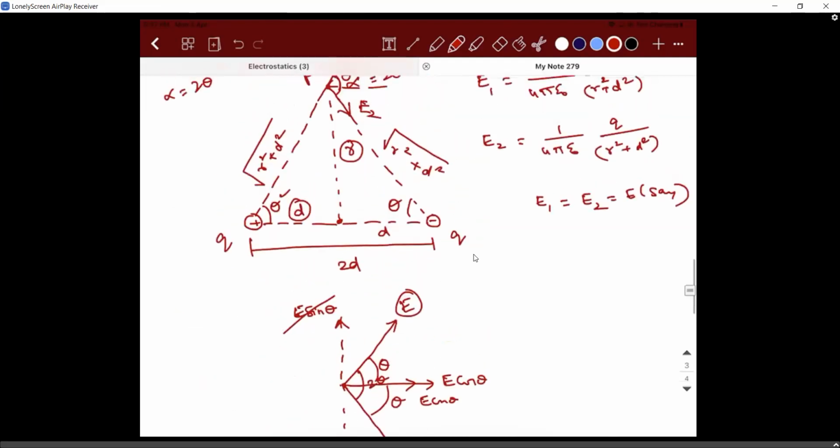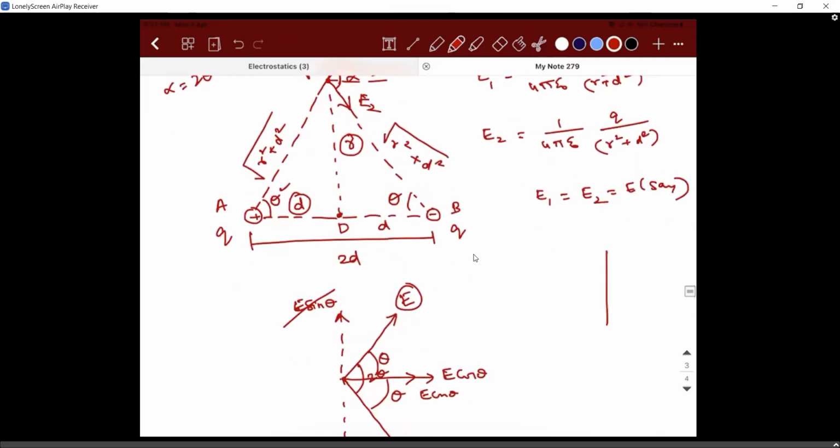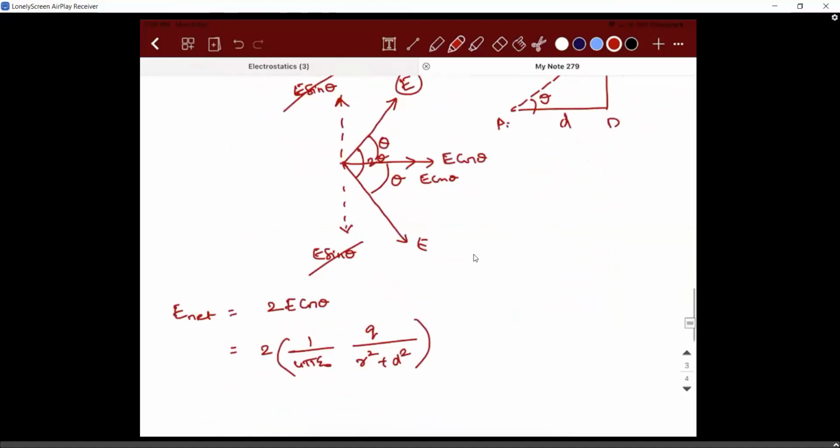So when I say cos theta, if I say this is A and D, let me call this as D, can I take the triangle P, D and A, and if this is taken as theta, then this distance is D and this is R, this is root of R square plus A square or D square. Then what is going to be the value of cos theta, guys?